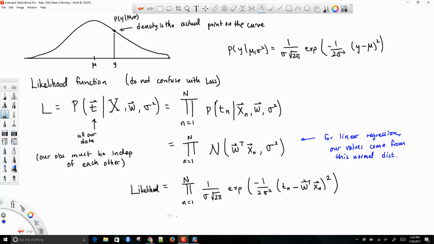Okay, so the likelihood is the product of all observations' densities.